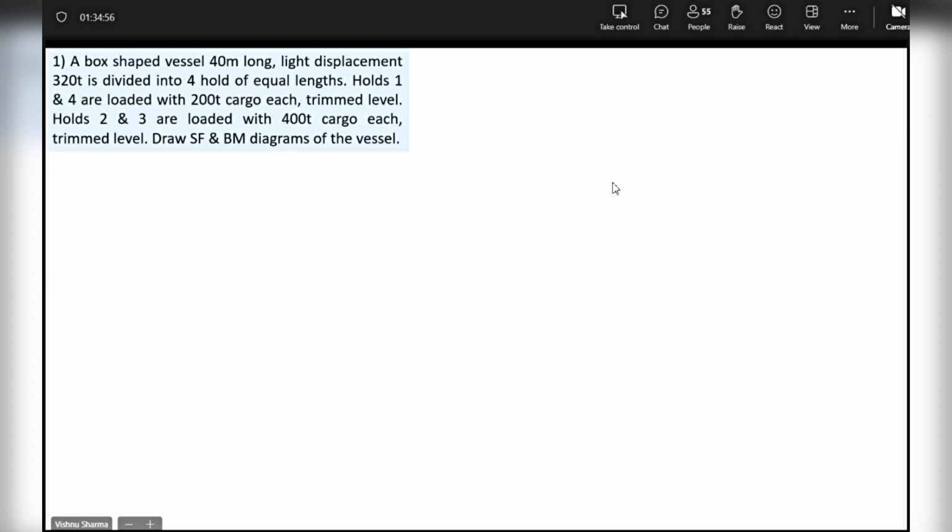First, we'll make the box-shaped vessel diagram, as it may have been given to us in the question. So length 40 meters, breadth not given. If it was given, we'll put it on.